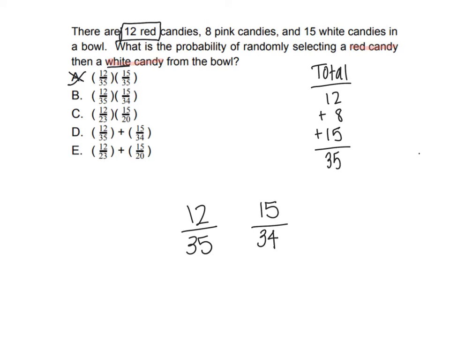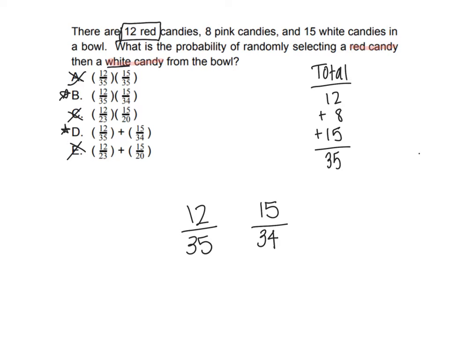So we're going to go ahead and eliminate that choice. B is a potential option. C is not because both the totals are wrong. D could be a potential option because it's got the correct fractions. And again, E is not a choice because the answers are wrong.